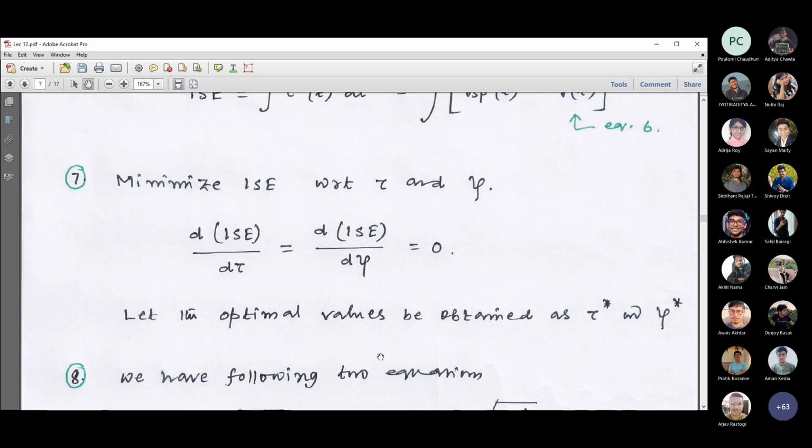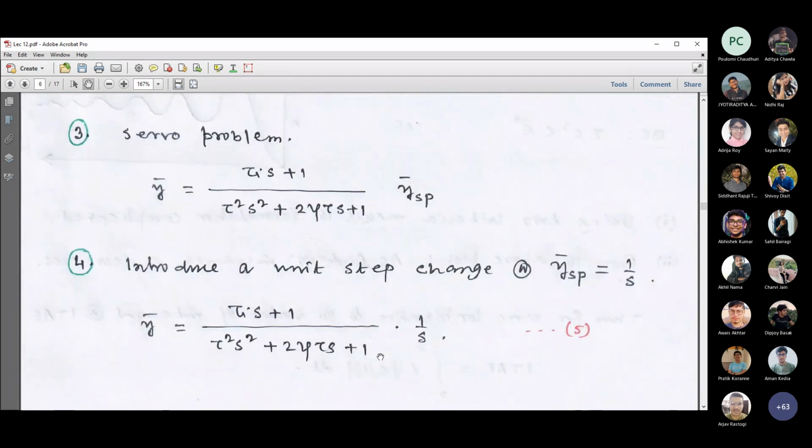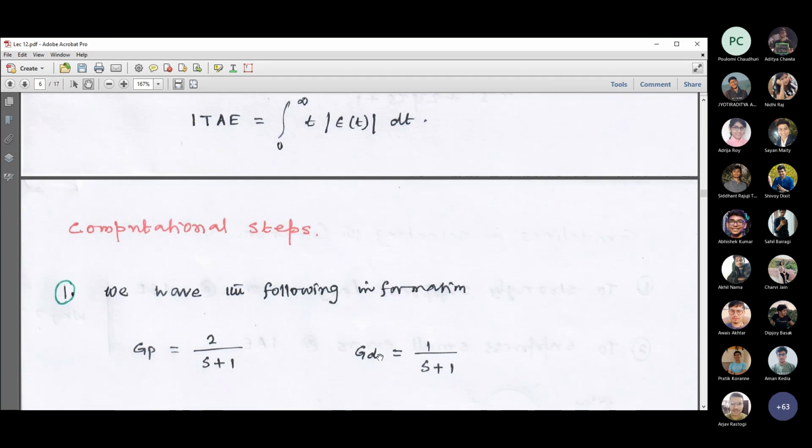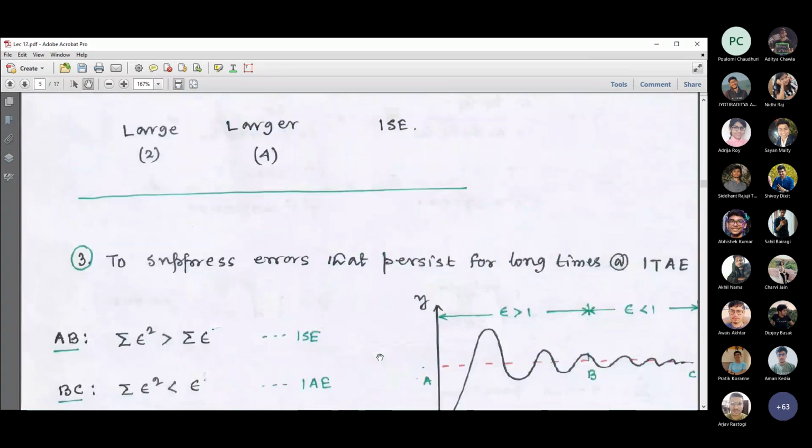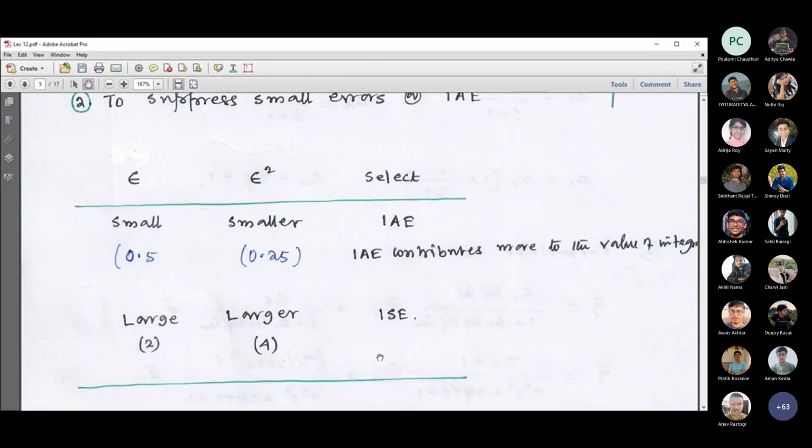Any questions, student? Otherwise, we'll go to the next topic. If not, let me ask one question. Can you tell me which variable in a chemical process we prefer for IAE and which variable we prefer for IAC? Which controlled variable we prefer?